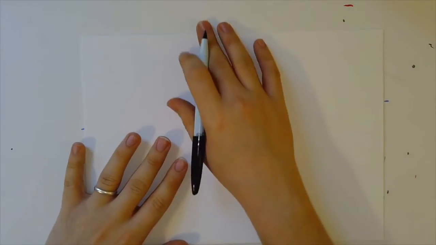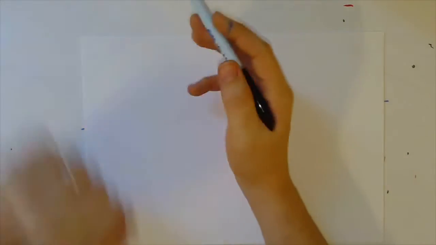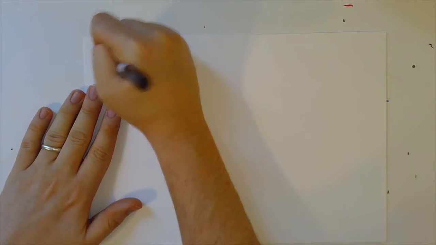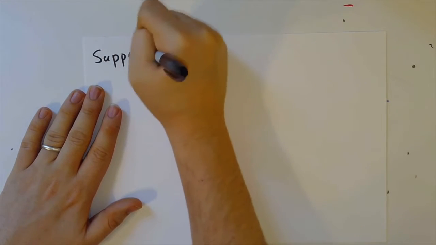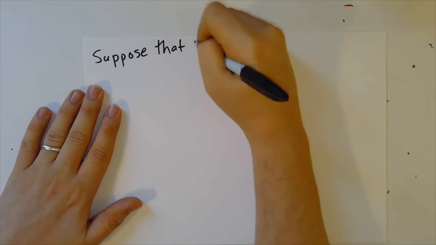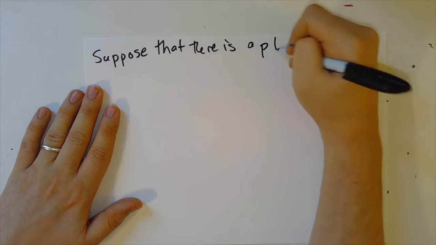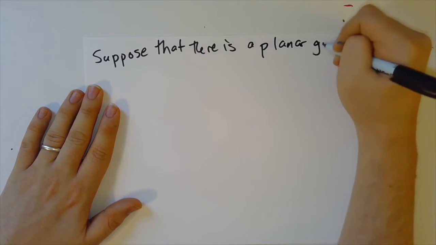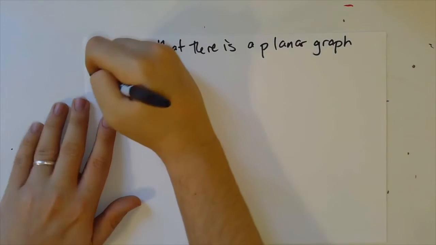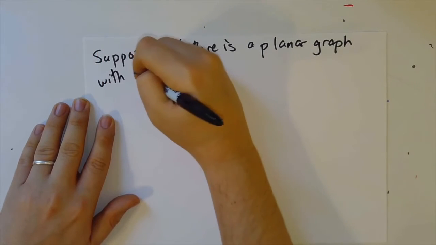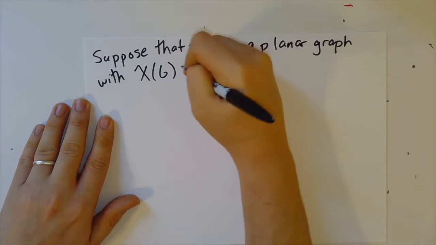Okay, so I am going to suppose that, actually, I'm going to jump straight up. I'm going to jump all the way up to 7. So I'm going to suppose that there is a graph, a planar graph, with chi of G equals 7.